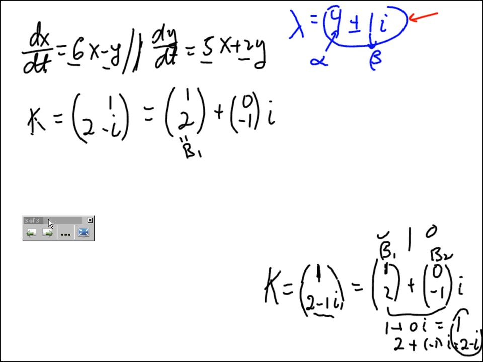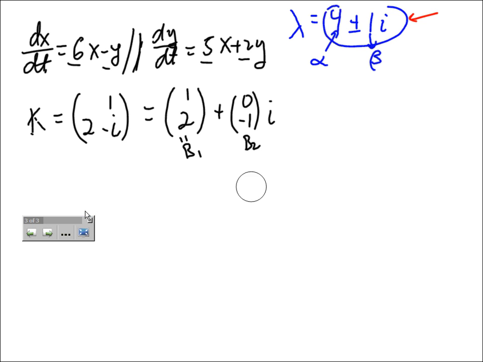This is B1, and 0, negative 1 is B2. And so the problem is pretty much done at this point. You just have to write up the answer.